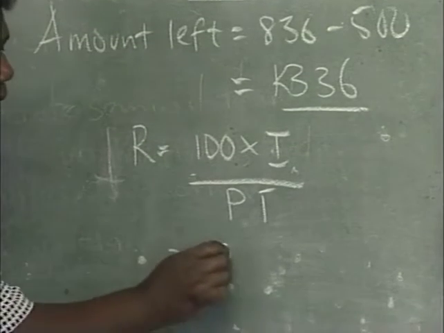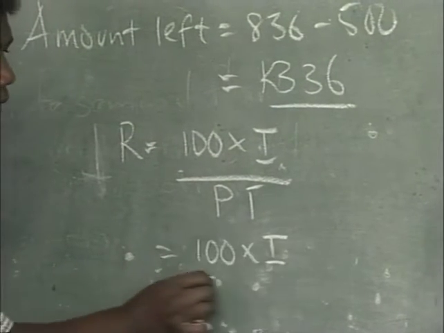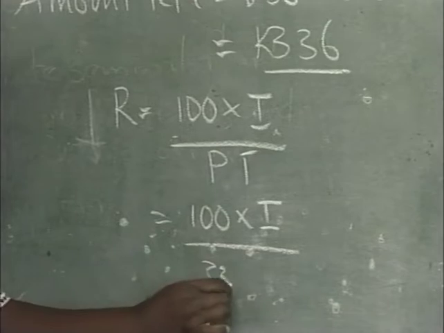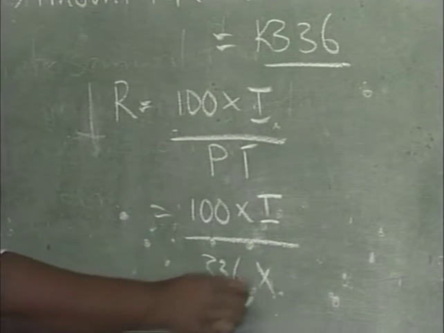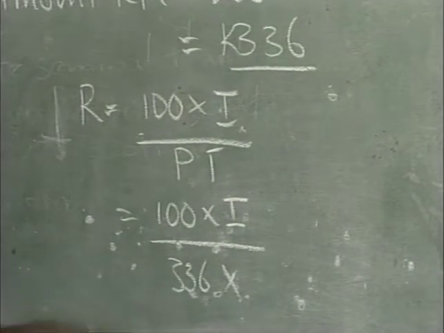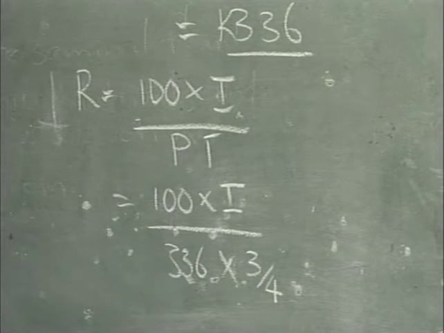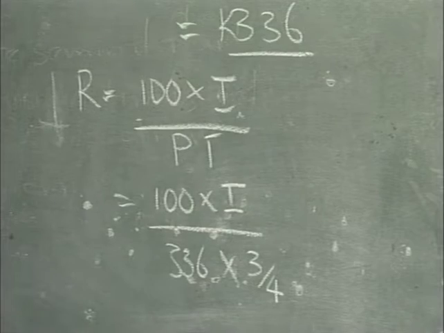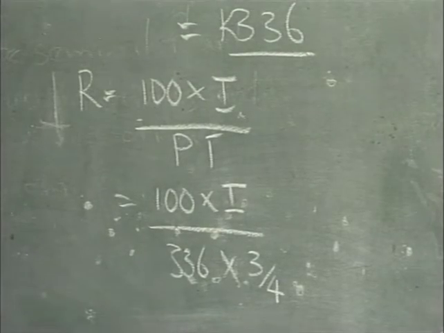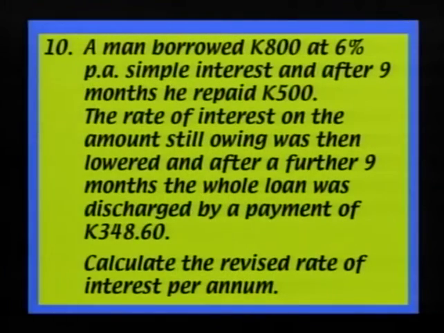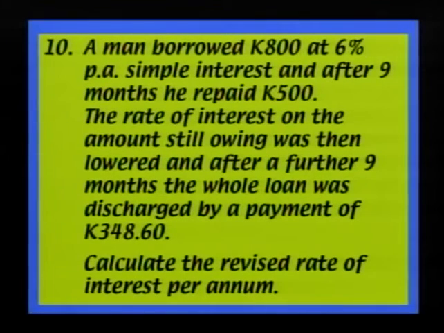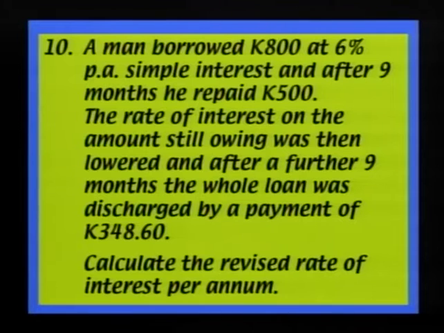So 100 multiplied by I over, we know the principal is 336 kina. The time is 3/4. Now how can we find I? It says the loan was discharged by a payment of 348 kina 60 toya. So in this period of time, the interest plus the principal altogether added was 348 kina 60 toya. So how can we find the interest, Miriam?